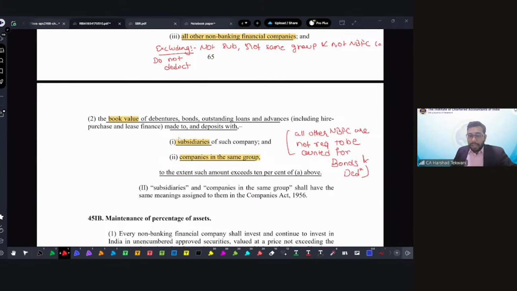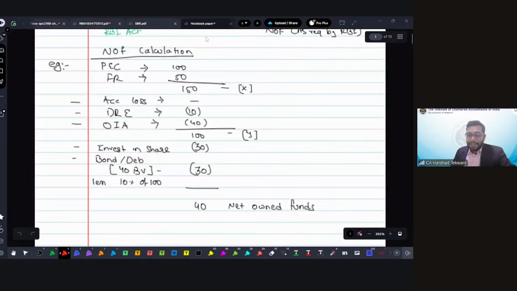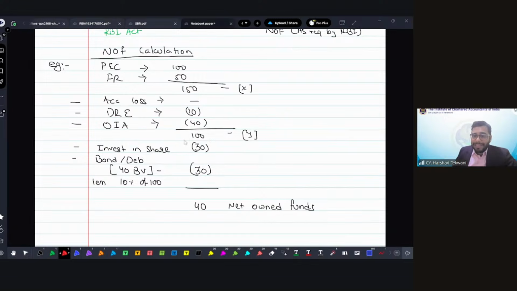So only the bonds made to or deposit with subsidiaries and companies in the same group are required to be counted. Their book value is required to be counted, but to the extent such amount exceeds 10% of this Y amount. So the 10% of this is 10.